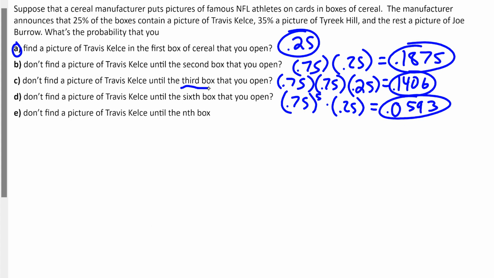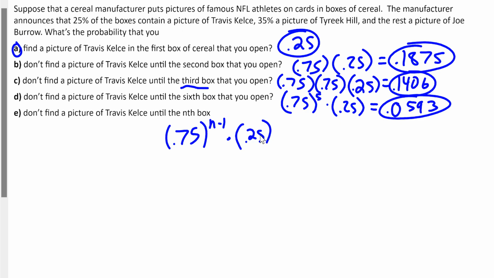So all of these are getting the probability of not, 0.75, to the n minus 1 power, and then multiplying by 0.25. That would be my formula for this particular situation, not happening until a certain point.